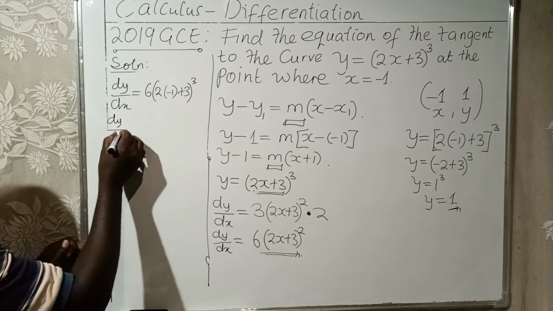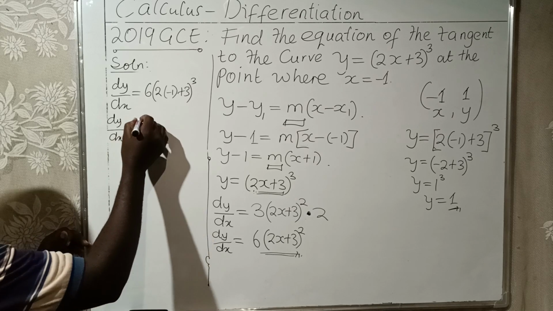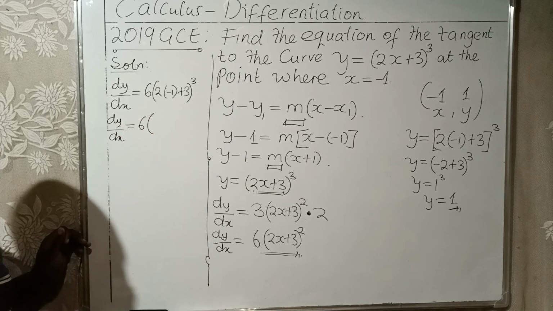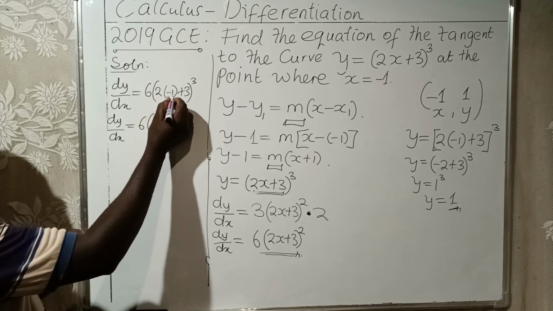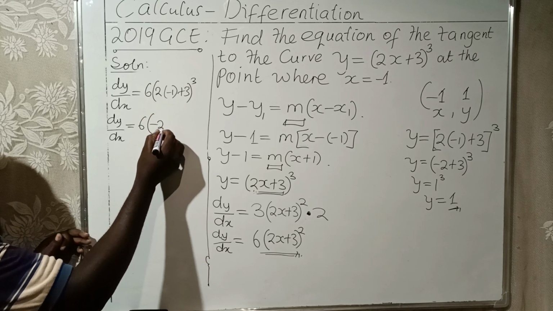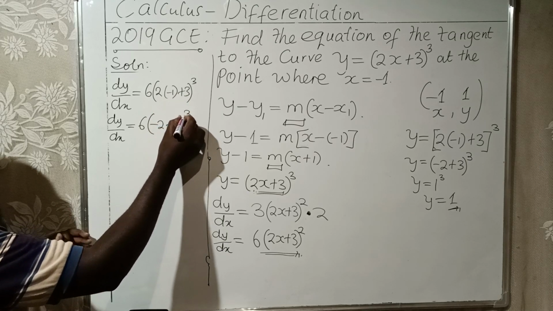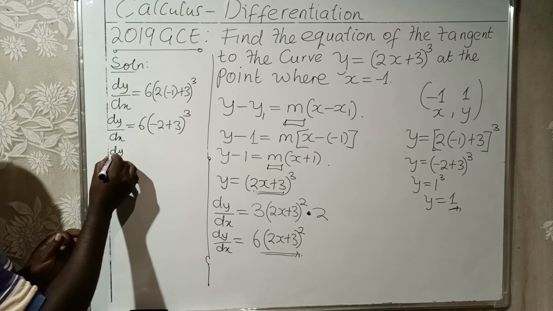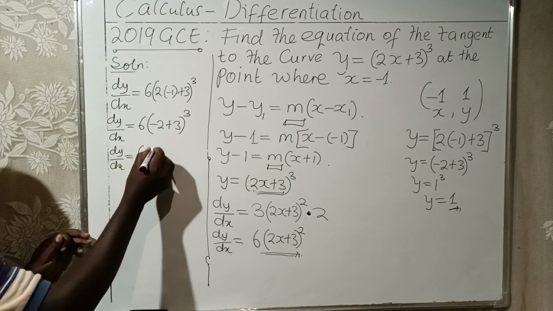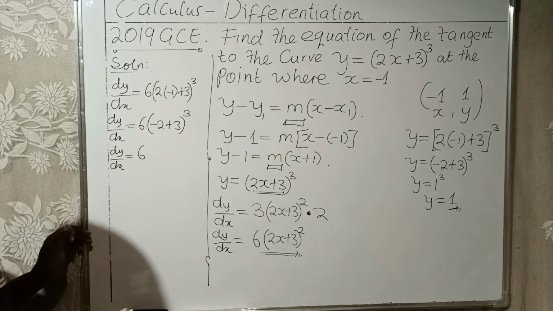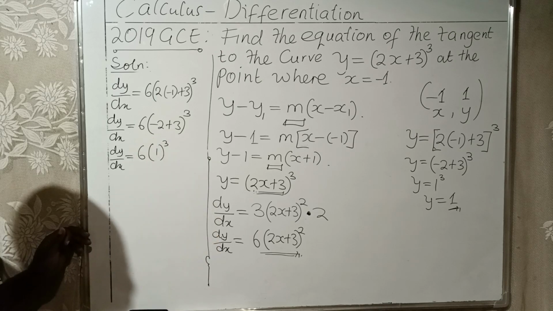So dy dx is equal to, we have a 6 outside, and 2 multiplied by -1, we have -2 plus 3, all indexed to 3. So dy dx is equal to 6, -2 plus 3 will give us 1, indexed to 3.